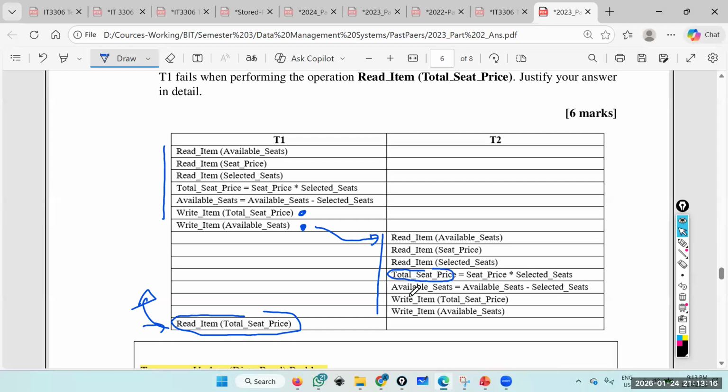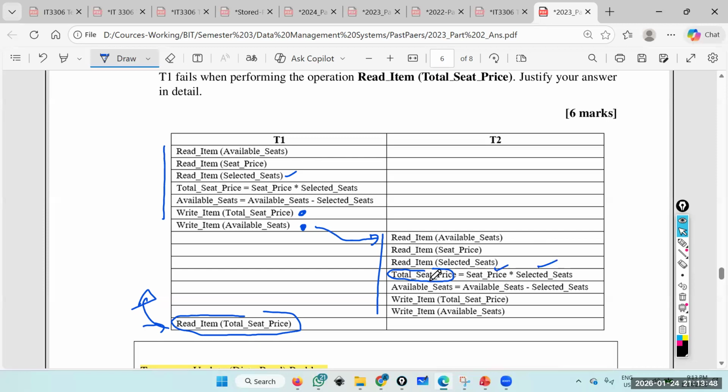Okay. Total seat price, but based on seat price, no issue, right? Seat price is only read by this transaction, not written. That is fine. Selected seats are again only read, not written. So therefore, this is fine. Total seat price is fine.